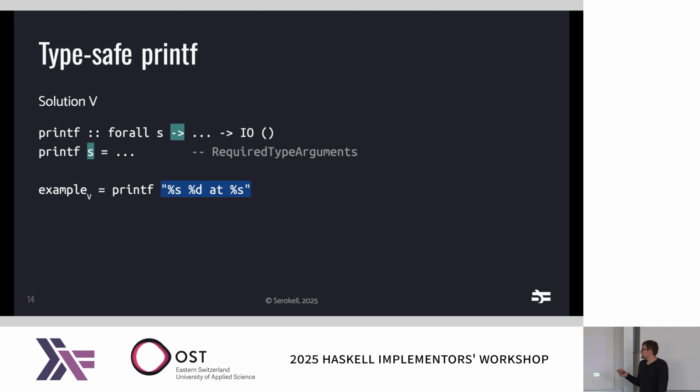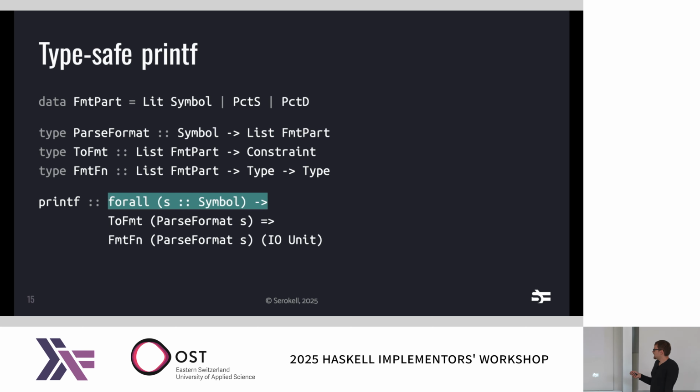And finally, the solution that I'm presenting in this talk is RequiredTypeArguments, which means that we will have type arguments which are bound and supplied syntactically and scope-wise in the exact same way that we deal with term arguments. It's going to look like a term. It's not going to talk like a term. It's going to be a type-level variable.